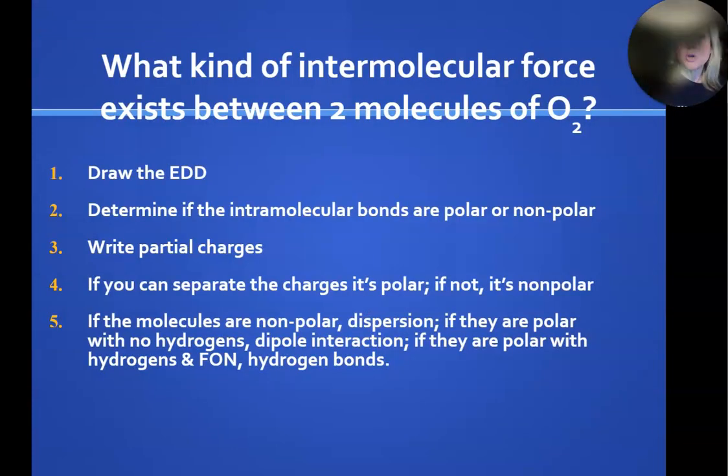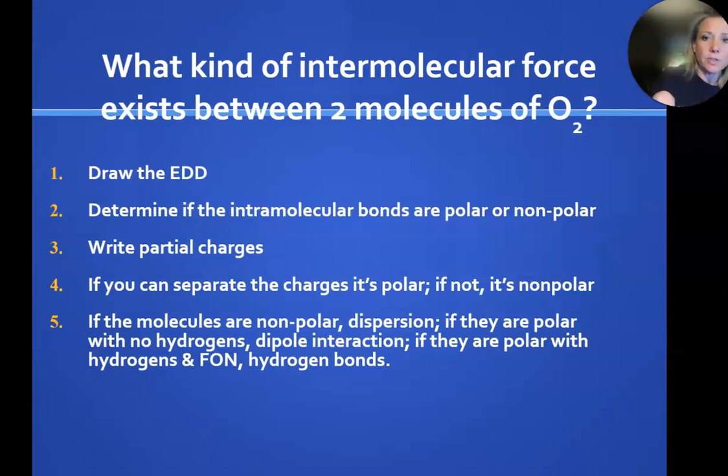Okay. So what about the intermolecular force that exists between two molecules of oxygen? Well, my oxygen is going to look like this. So O2 looks like this. And my oxygen is going to have an electronegativity value of 3.5.